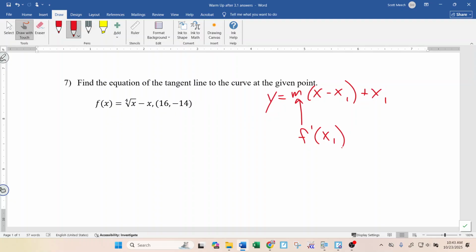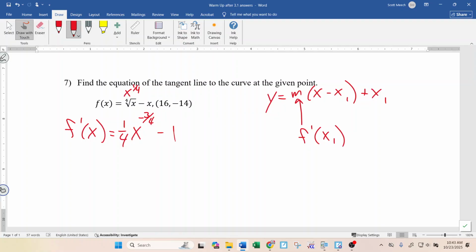So the whole point of what we're doing now is we don't have to do the limit definition anymore. We can just find f prime. Now, from what I said earlier, what do we do with a radical? Make it a fraction. So this is x to the 1/4, right? So that would be 1/4 x to the negative 3/4.